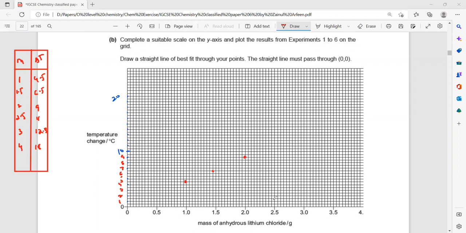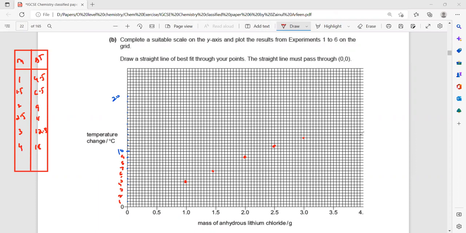Then 2.5 and 11. This is already 9, then 10 and 11. And then 3 and 12.5. So already this is 11, 12, and then half box equals 12.5. And then 4 and 18.